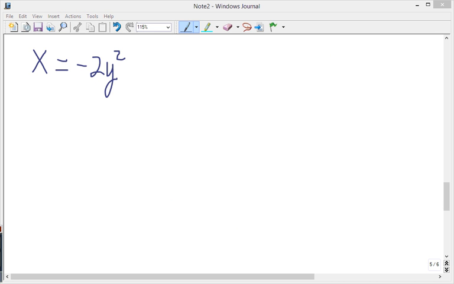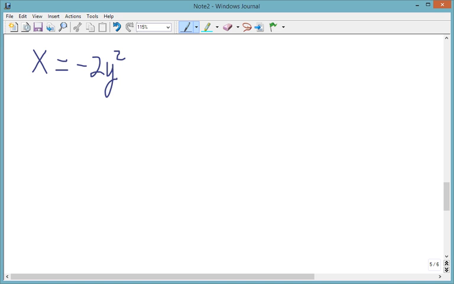So here's one that is not quite in the right form yet. I want to get the y squared by itself because that's how our general formula is set up. So if I divide by -2 or multiply by -1/2, then I have it in the right form. And it's a y squared, so it opens to the left or right.